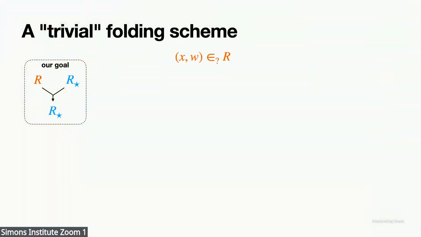Okay, cool. So using these two reductions, I'm going to first give a trivial folding scheme. Recall that for a folding scheme, we want some sort of reduction of this form. Let's say we have this target relation like R1CS, and I want to verify membership in it. I can first run this reduction to proximity, and now get a claim about membership in some code.